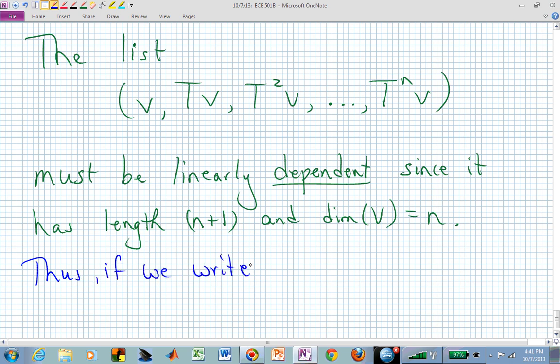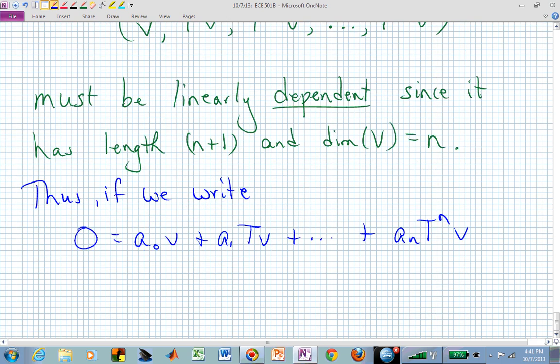And now we can just play with what we've been playing with, and you've played with this on the exam, most of you, this notion of linear independence and what that means with respect to coefficients. Thus, if we write 0 is equal to, let's say, a sub 0 v plus a1 Tv plus up to a sub n T to the n v, what do we know about some of those a's?